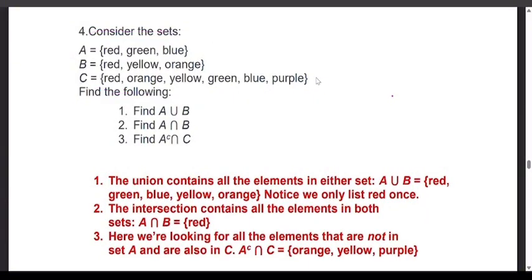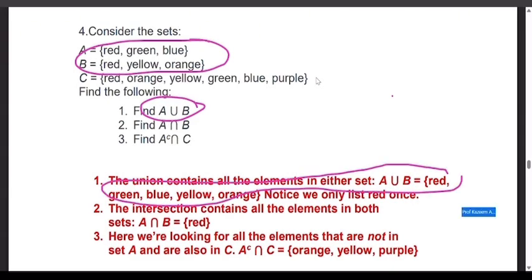I need you to pay attention now. It is just combining the elements in both. Combining elements in both is going to give you A union B, and that is why I have what I have here. Can you see that? I've combined elements in both. That's what union implies.